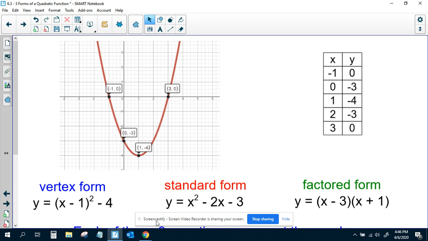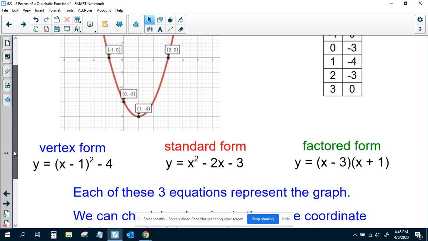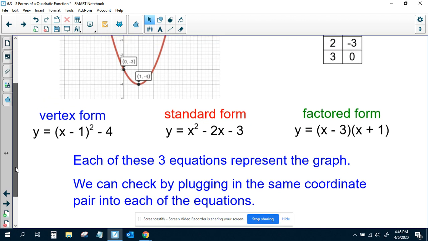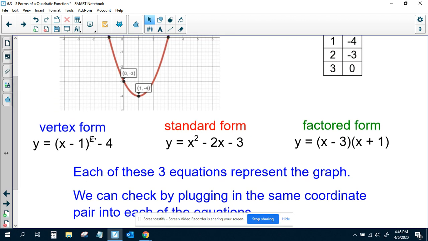We also have standard form, y equals x squared minus 2x minus 3. And then we also have factored form, y equals x minus 3 times x plus 1. Coincidentally, each of these three equations represent this same function.